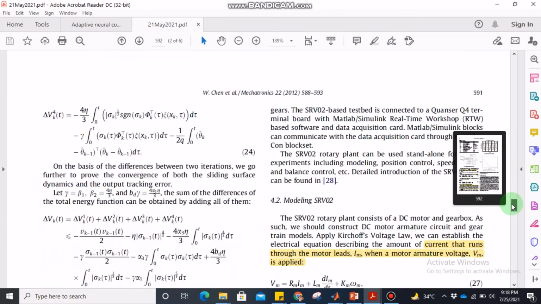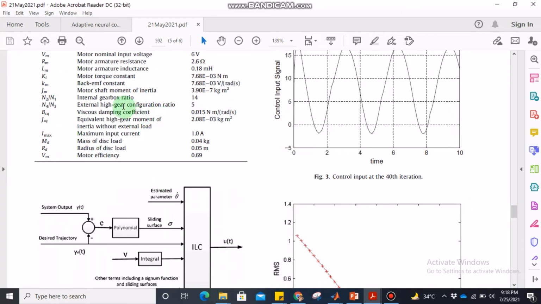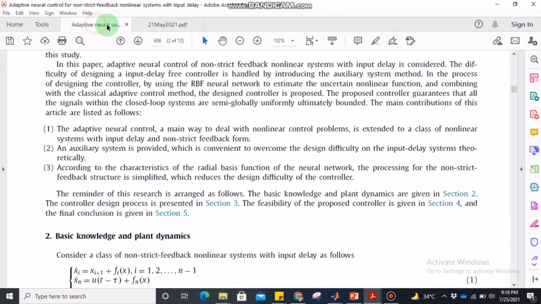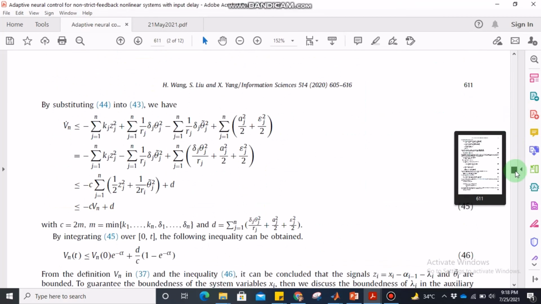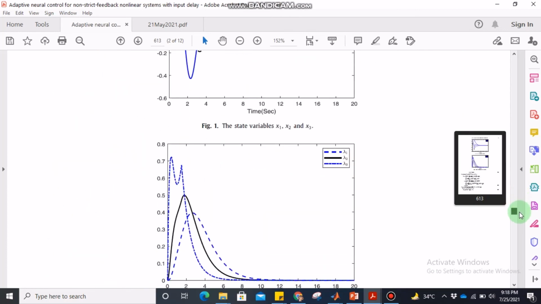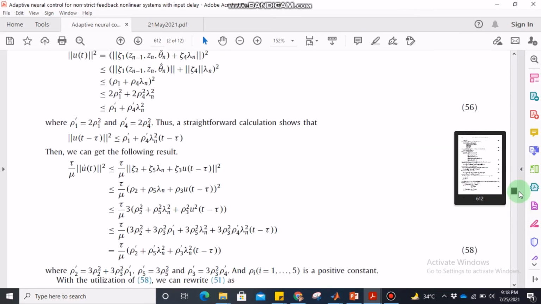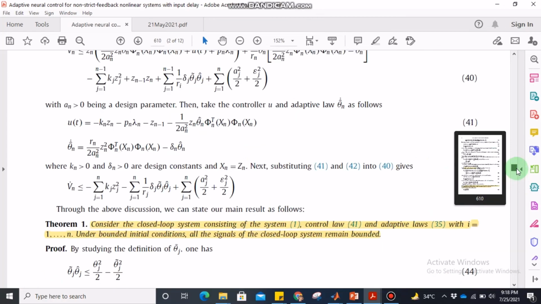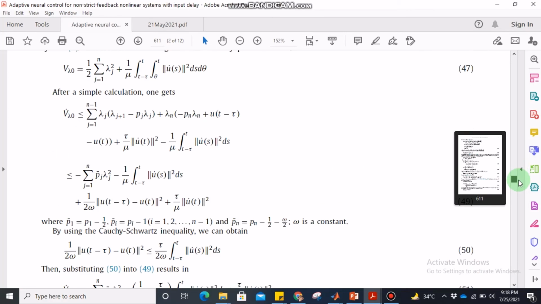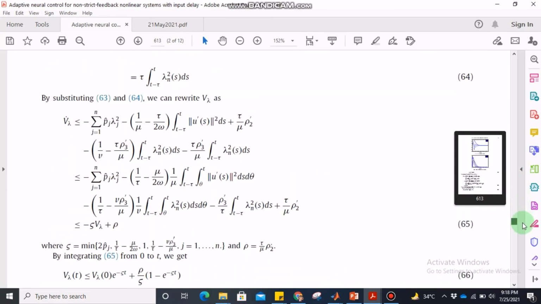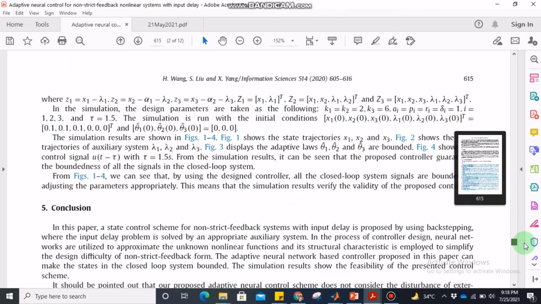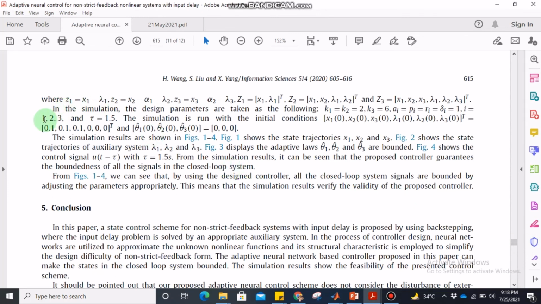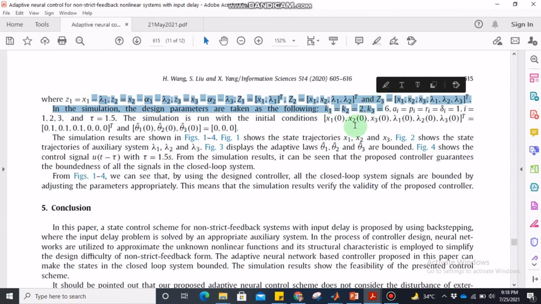You can also go down to the numerical section, where, as in the other paper, you will see some parameter values. They will be given somewhere. Yes, here there are some values of the parameters and some initial conditions, and there are some definitions and assumptions.